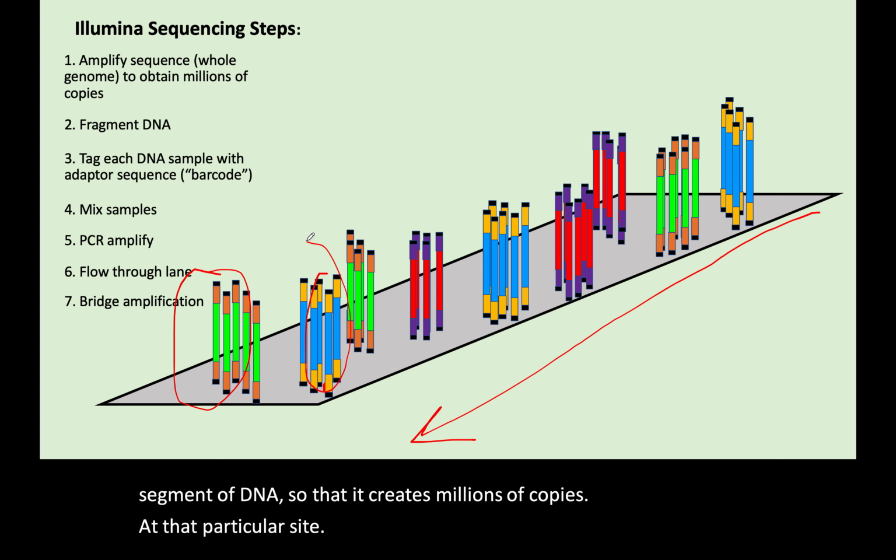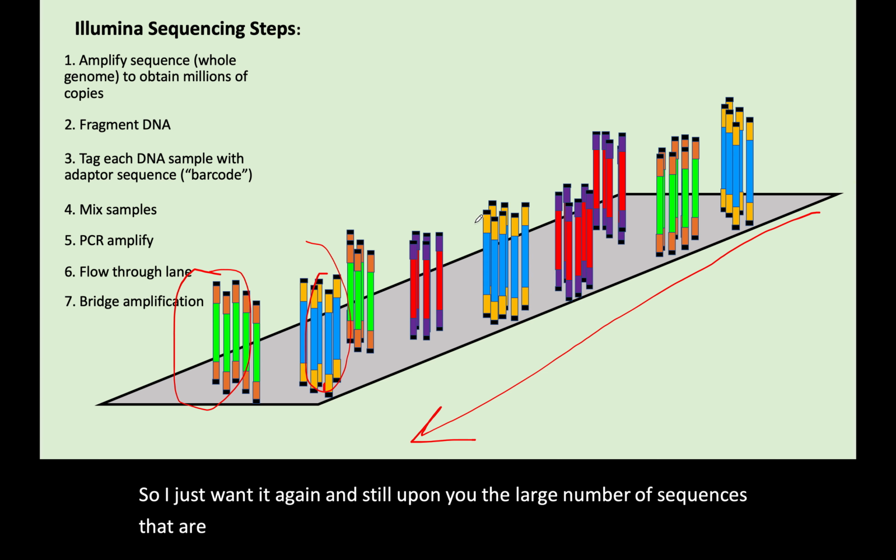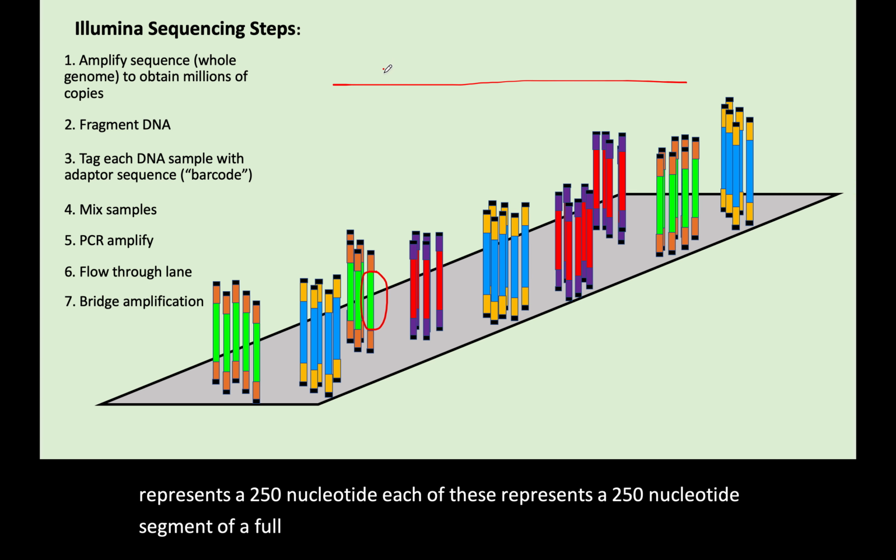So I just want to, again, instill upon you the large number of sequences that are currently being analyzed in this process. Each of these represents a 250 nucleotide segment of a full genome. So again, my genome is chopped up like this into 250 nucleotide segments.